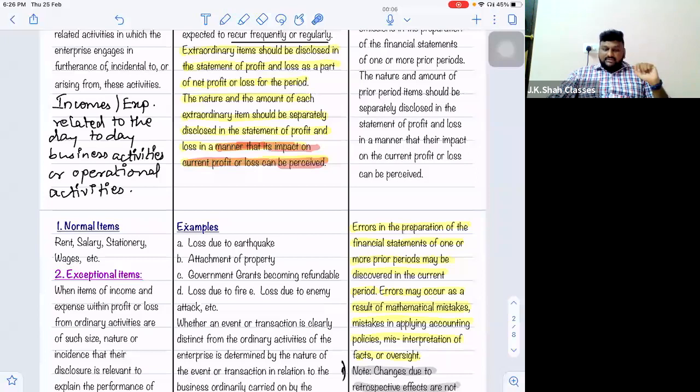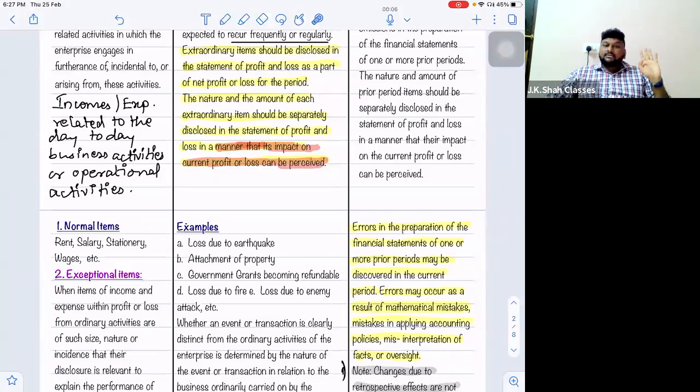I'll give you an example. Let us take an insurance example. If you have a loss by fire and you get an insurance claim for it, getting that insurance claim is an extraordinary item because, first of all, it is non-recurring in nature, and getting revenue from the insurance company is not your day-to-day activity.